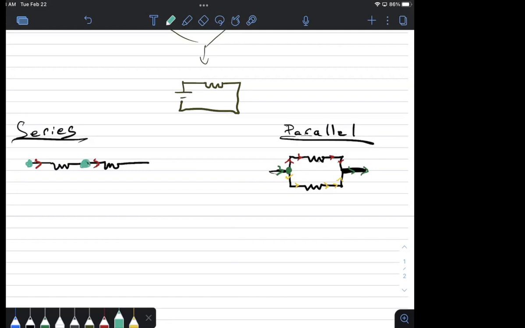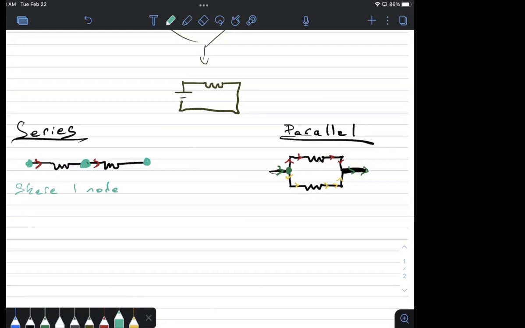The second resistor has these two nodes. That middle node there, both the first and the second resistor have that same node. They're connected to each other. However, their other nodes are not connected. The first resistor's left node is not touching the other resistor. It's its own thing. And the same goes for the right node of the second resistor. So with series, the rule is they share one node in common.